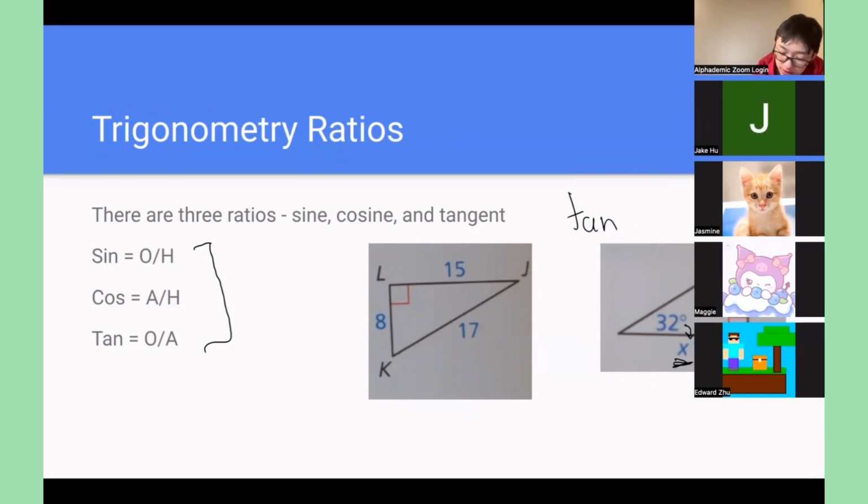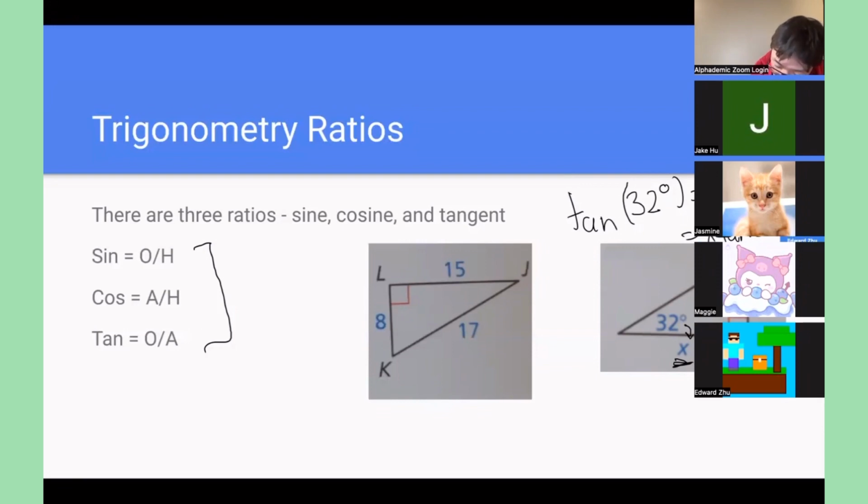So we would have tangent of 32 degrees is equal to 11 over x, where you would multiply by x, getting x times tangent 32 equals 11.